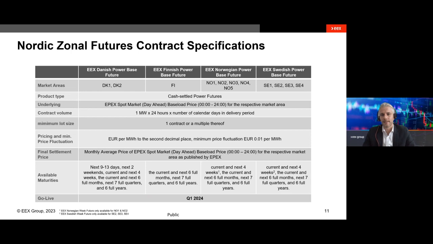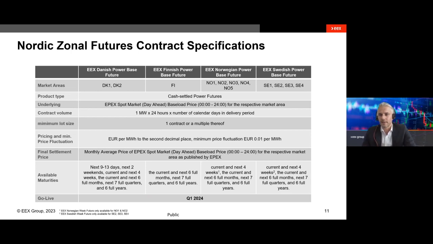Again, we've had significant interest from market participants on the continent who are not yet active in the Nordic market to start trading the Nordic contracts once the zonal futures are available, because then they can easily trade the spread, as I said, Denmark, Germany, Norway, Germany, or Netherlands, Denmark, Poland, Sweden, something like that. But really, we as EEX, we don't have a clear view of which of these spreads will be more liquid or less liquid.